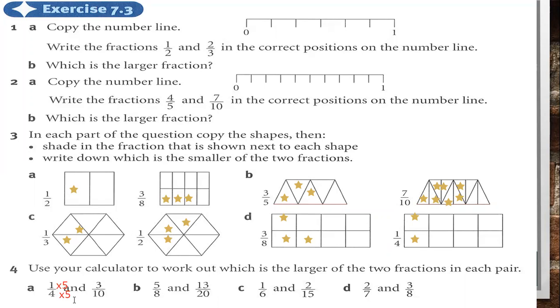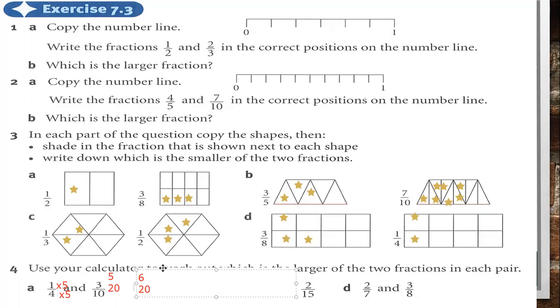If you multiply any number in the place of the denominator, you multiply the same number in the place of the numerator. So the answer is 5 by 20. Okay, and the next one you write here 6 by 20.